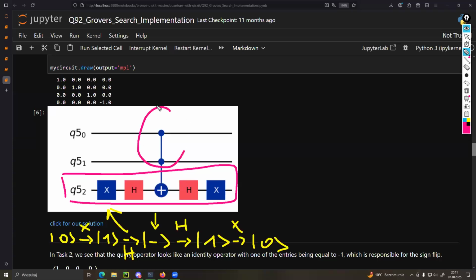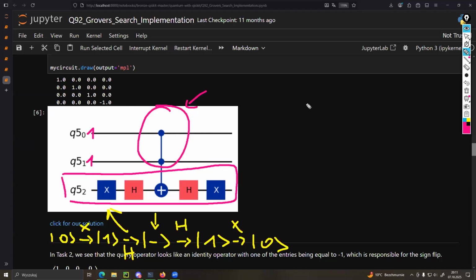But up here, I already did what I wanted. So what did I do here? When this qubit is 1 and this qubit is 1, I can apply a negative 1.